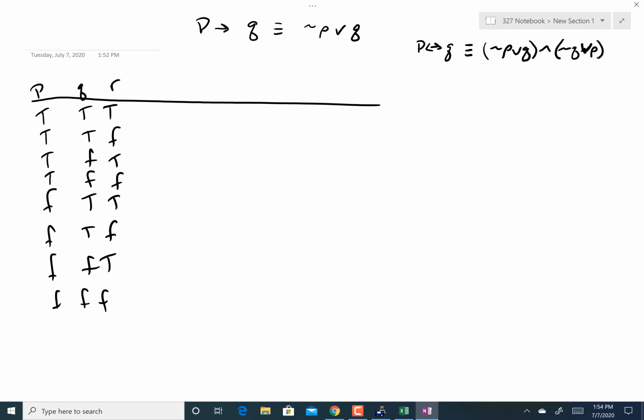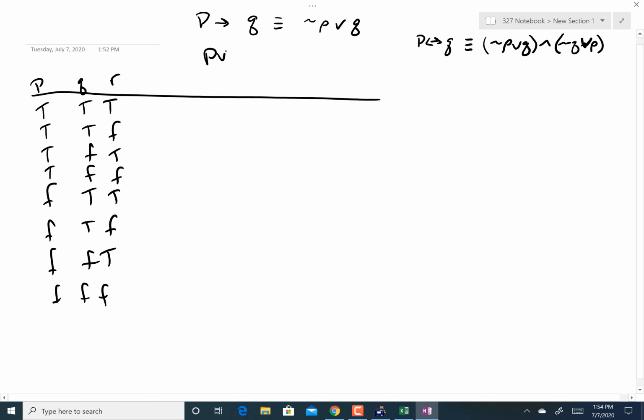All right, so use the logical equivalence to rewrite each statement of the forms without using the conditionals. And use the logical equivalence that P or Q is logically equivalent to the negation of not P and not Q, to rewrite each of the following statements.